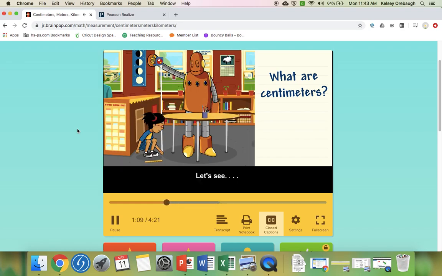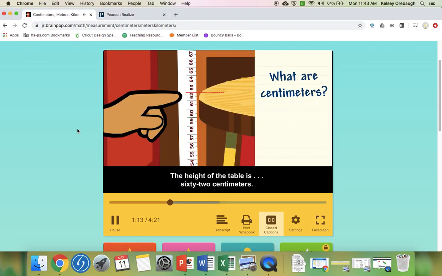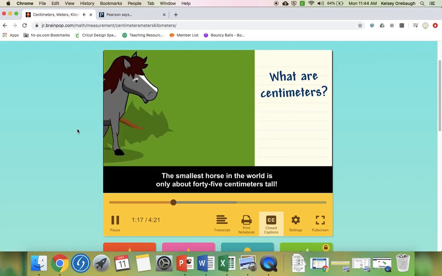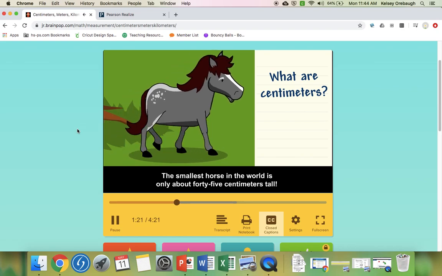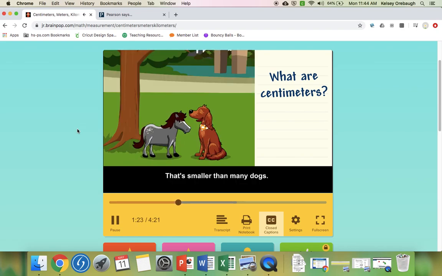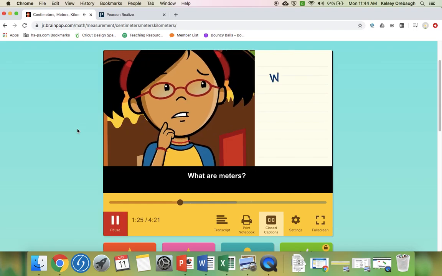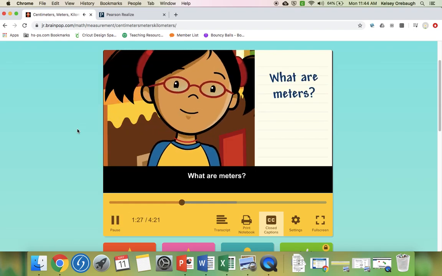Let's see. The height of the table is 62 centimeters. The smallest horse in the world is only about 45 centimeters tall. That's smaller than many dogs. What are meters?